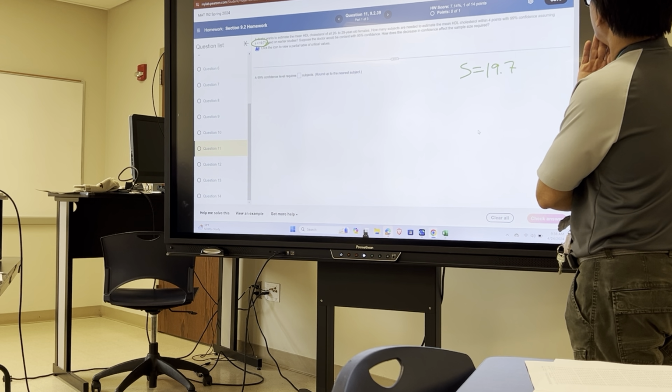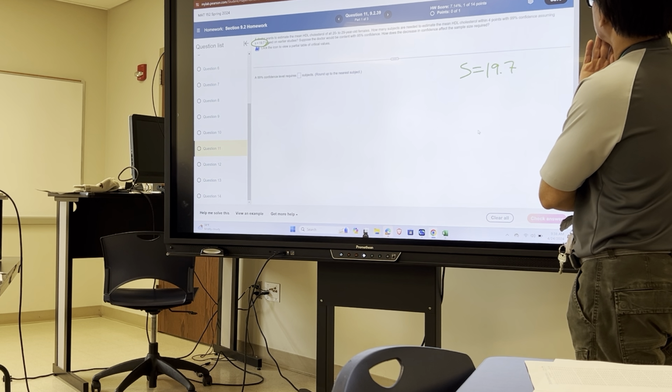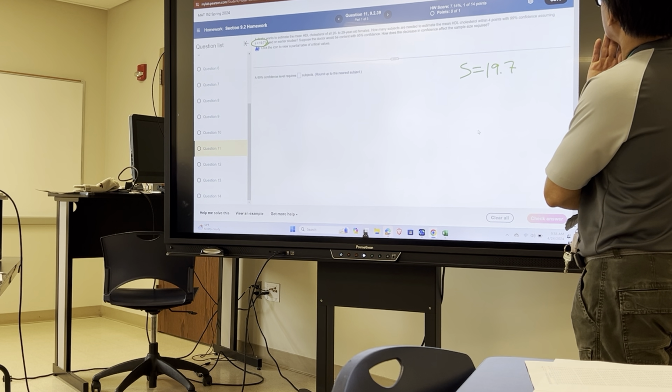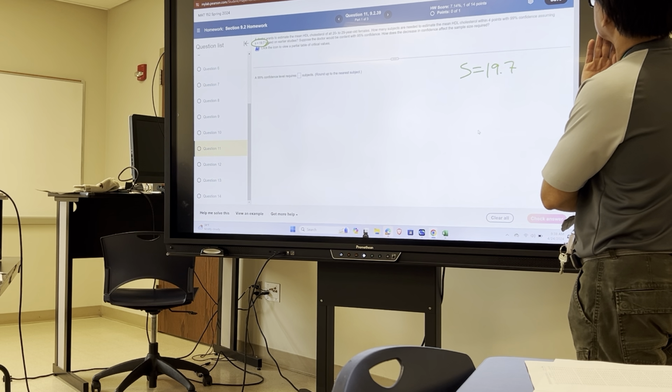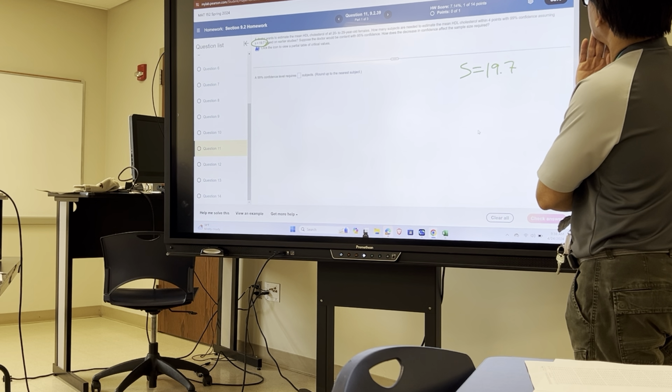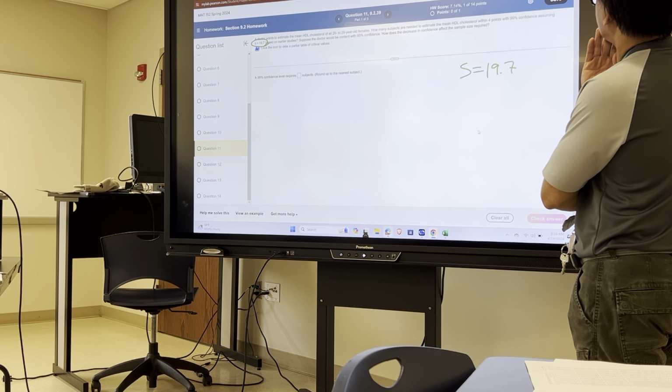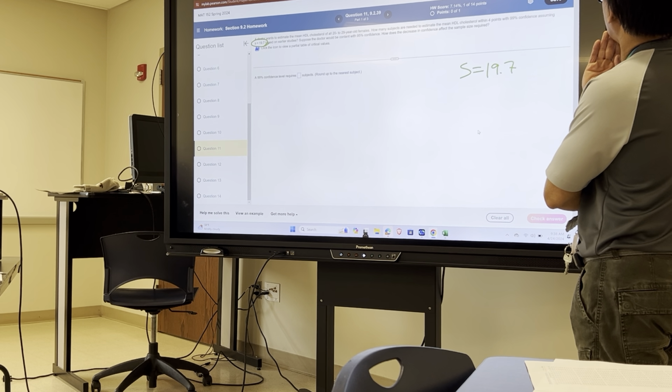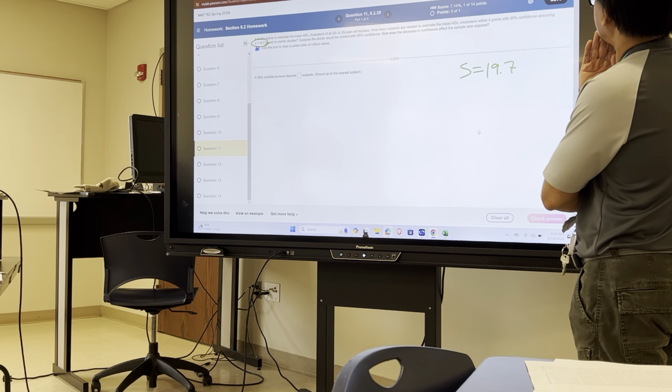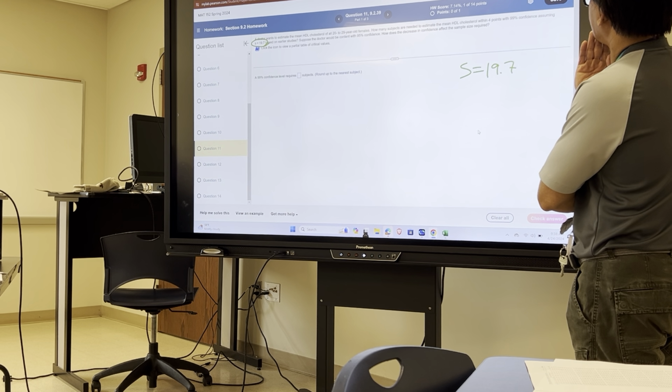But it says in here, within 4 points, the mean HDL cholesterol within 4 points.